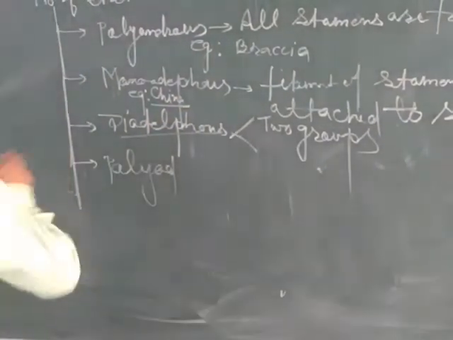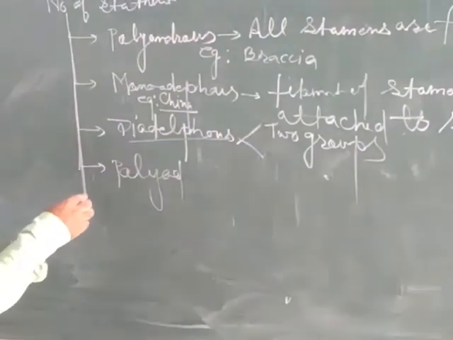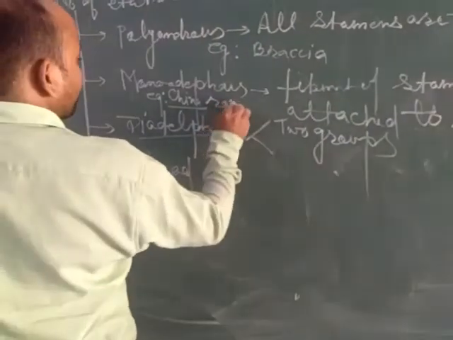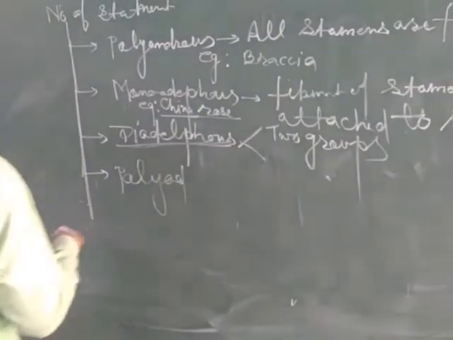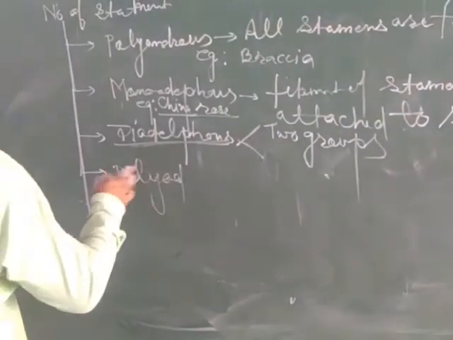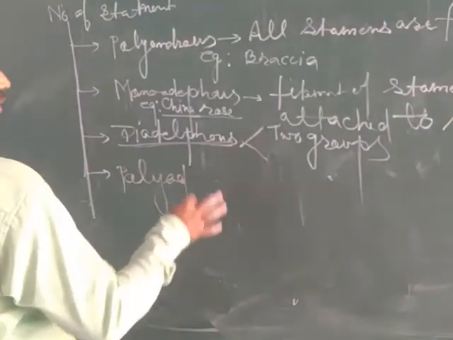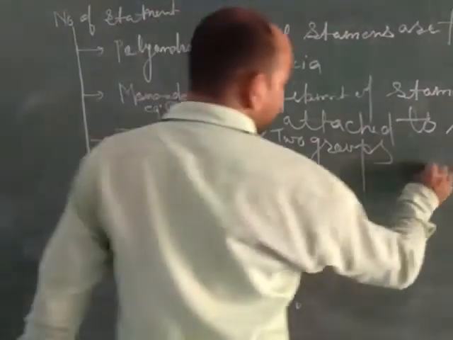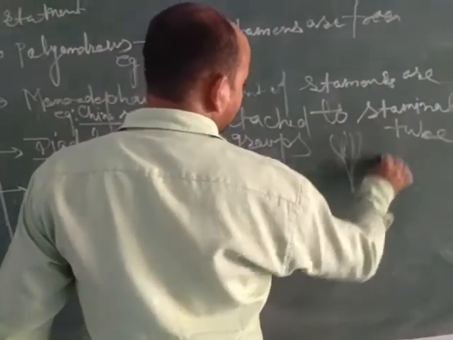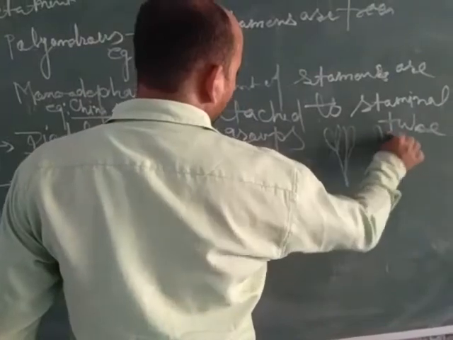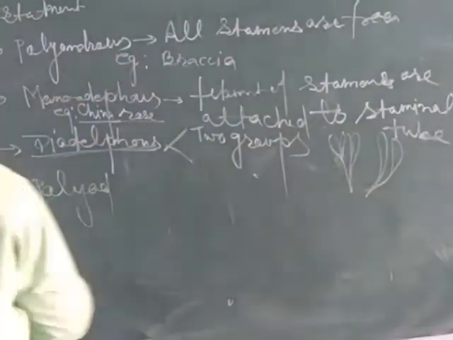In diadelphous condition, filaments are fused in two bundles, and in this way in two groups the filaments are attached with each other.